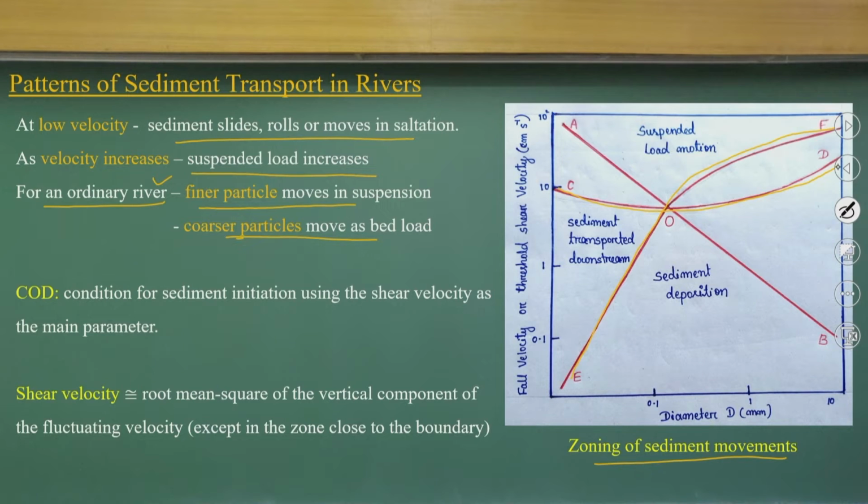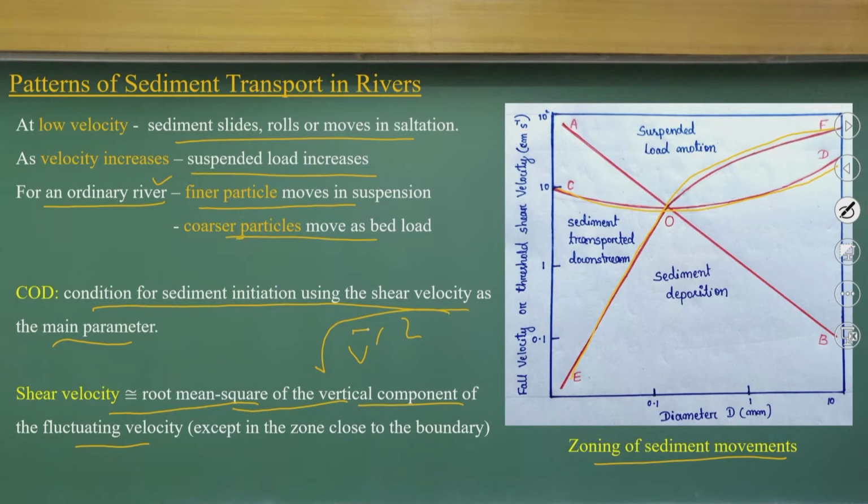For example, COD is the condition of sediment initiation using the shear velocity, that means incipient motion. More detail we will discuss in the Shields curves. The shear velocity is nothing but the root mean square of the vertical component of the fluctuating velocity, that means the square root of the mean of v dash squared, which could be the time average.